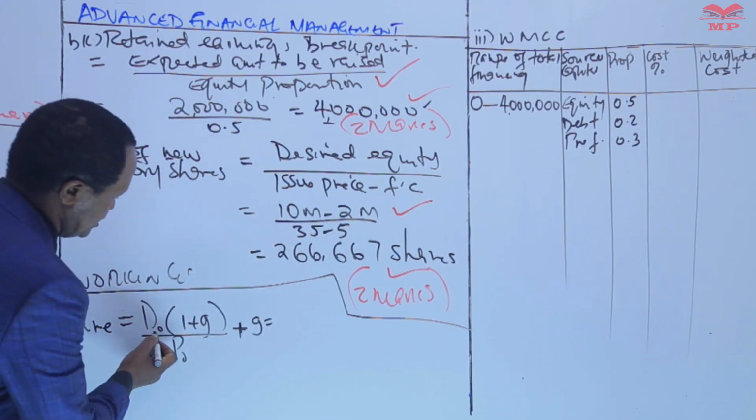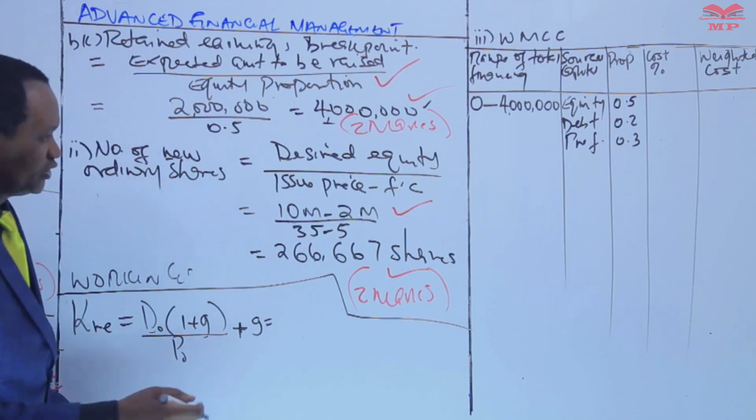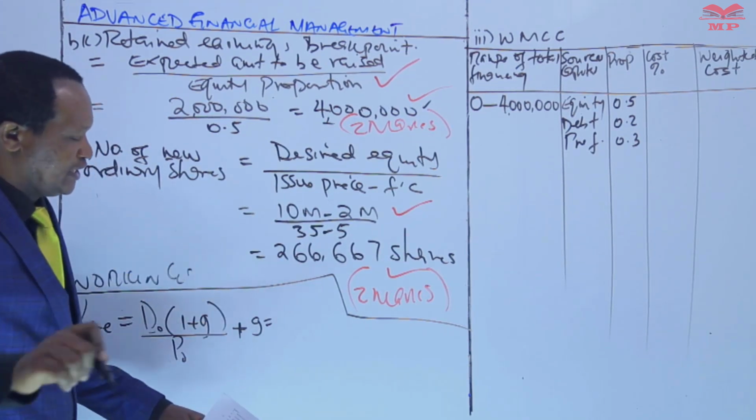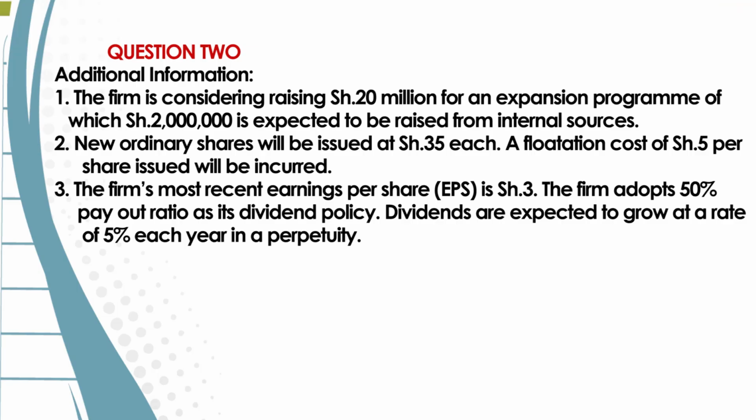What is D naught? D naught is the current DPS. In note number 3, we read that the firm's most recent earnings per share is 3 shillings. The next sentence reads, the firm adopts a 50% payout ratio.